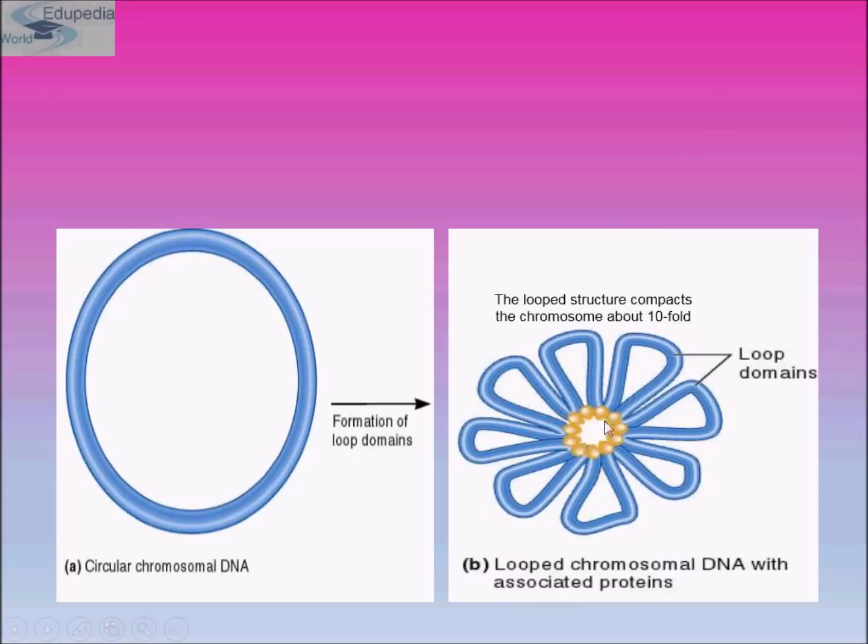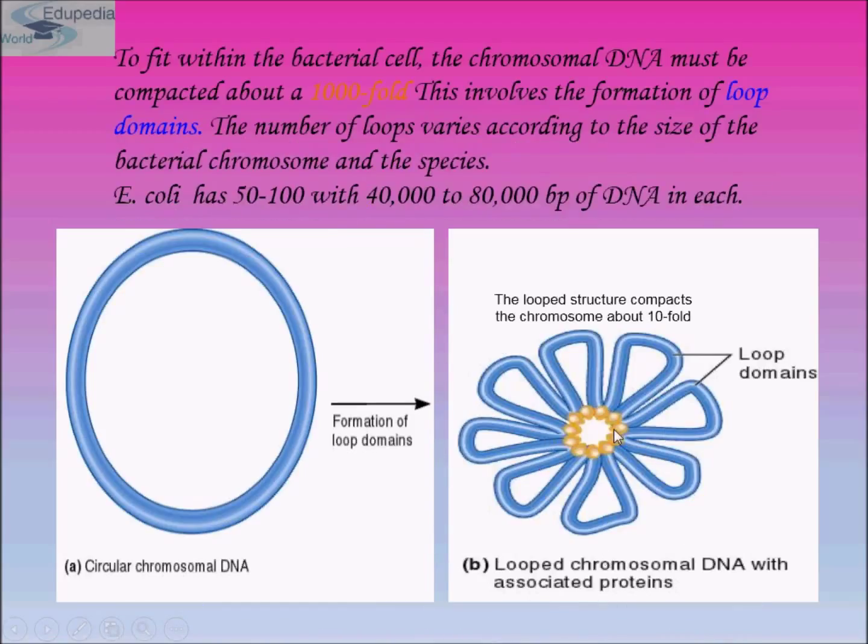To fit within the bacterial cell, the chromosomal DNA must be compacted about 1,000 fold. This involves the formation of the loop domains, as I have told you. The number of loops varies according to the size of the bacterial chromosome and the species. E. coli has 50 to 100 loops with 40,000 to 80,000 base pairs of DNA in each.